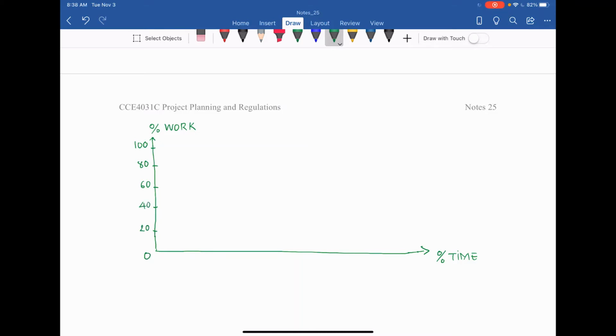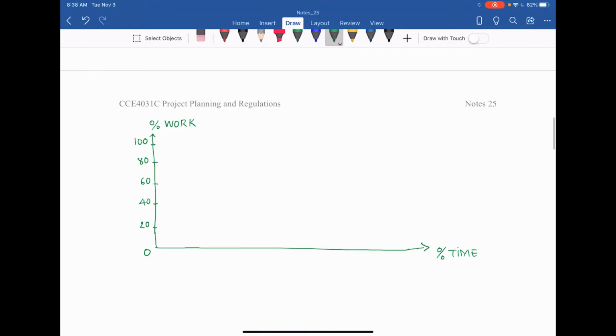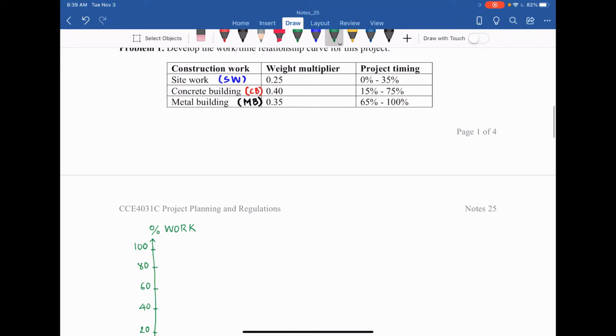Similarly, we can divide the percent time, also with a maximum of 100%: 20%, 40, 60, and 80. Then we can develop the curve for each of the tasks, and then combine them into one single curve.